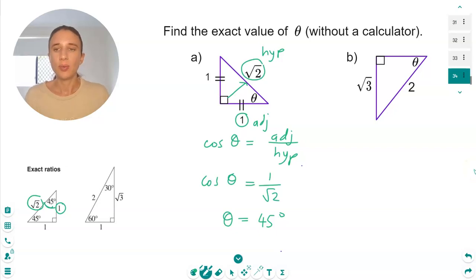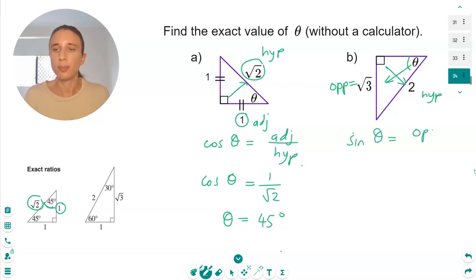Okay. Now, what about this one here? Again, just try and write a relationship linking the angle with the two sides. Okay, got that. And that's opposite. And this is the hypotenuse because it's opposite the right angle. So opposite and hypotenuse are linked with sine.